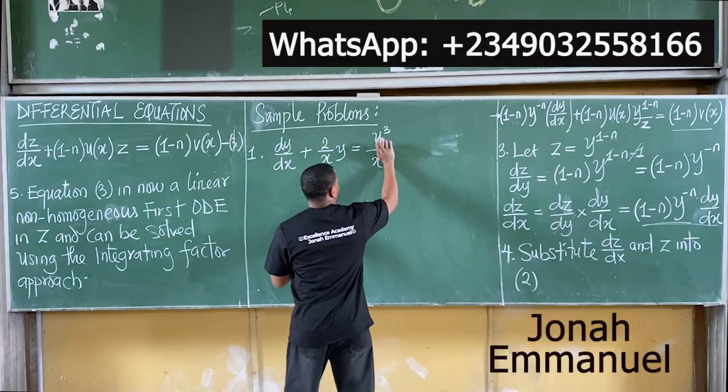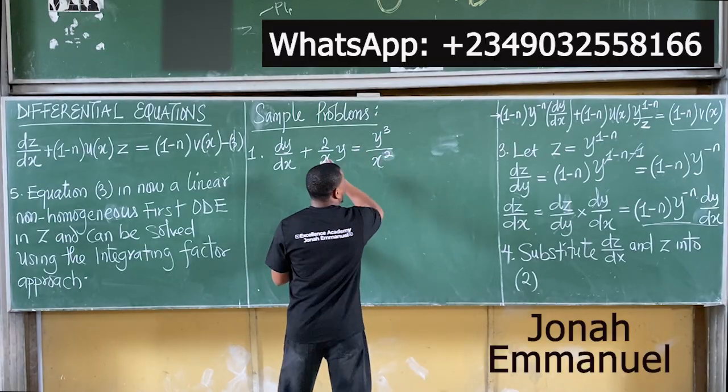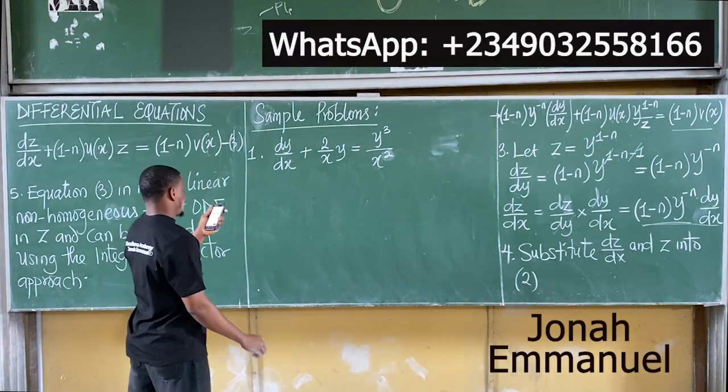First example: dy/dx plus 2 over x y equal to this.